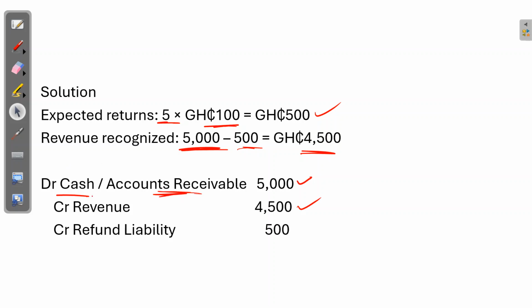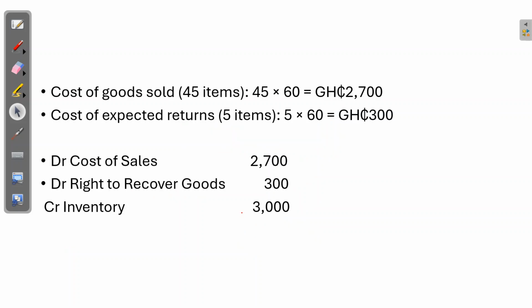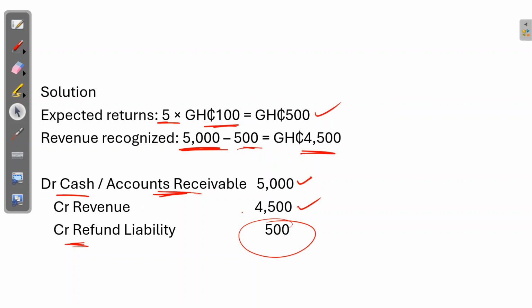So it's either cash or receivable. Then we have a refund liability, which is the 500. This is what we may refund to the customer in case they bring the five goods back. We have to give this back to them. So this is the revenue and the liability aspect.